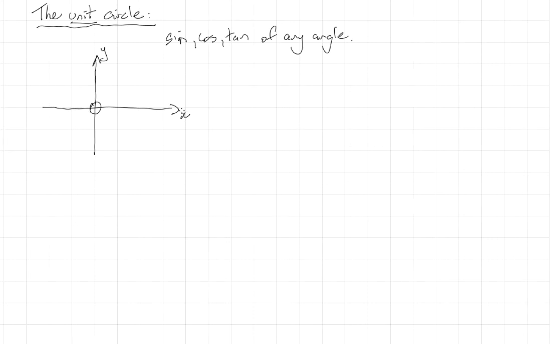This is positive x in this direction, this is negative x, and this is positive y and negative y. So if we draw a circle of radius 1, so we've got a circle there, radius 1, center being at the origin.